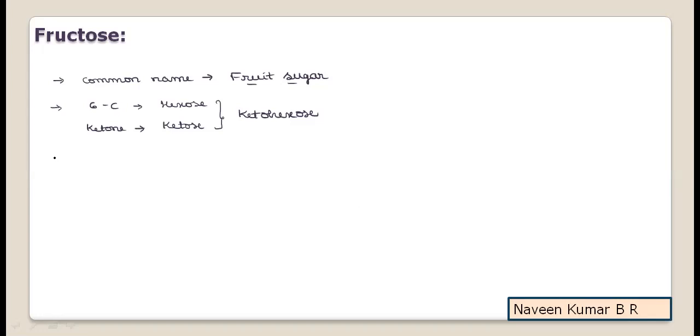Then again, as we all know, all the carbohydrates are optically active compounds. Fructose is a levorotatory compound. As for optical rotation, fructose will rotate the plane polarized light towards the left hand side. Hence it is a levorotatory sugar.